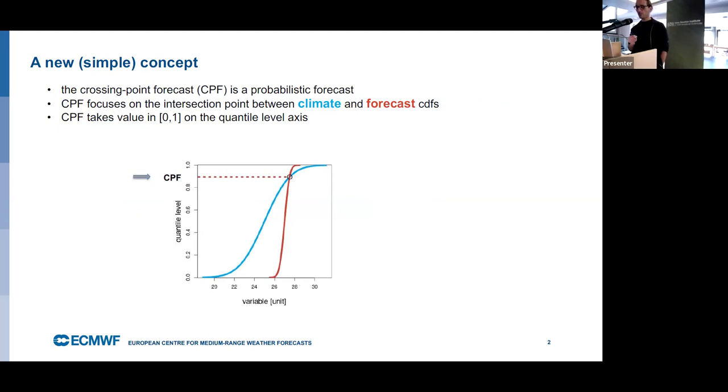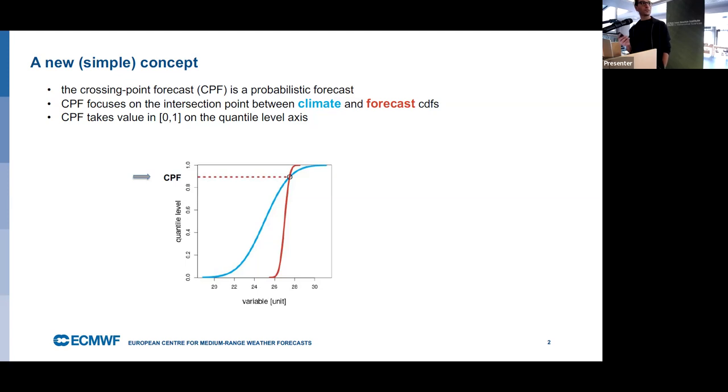The idea of the crossing point forecast is that we would like to condense complex information into a number, in order to help communicate the forecast and its uncertainty and make a forecast actionable, so that at the end of the day we can use this forecast to make decisions.